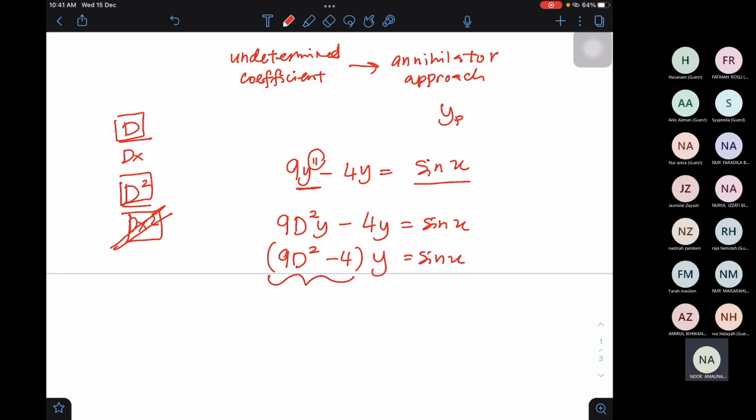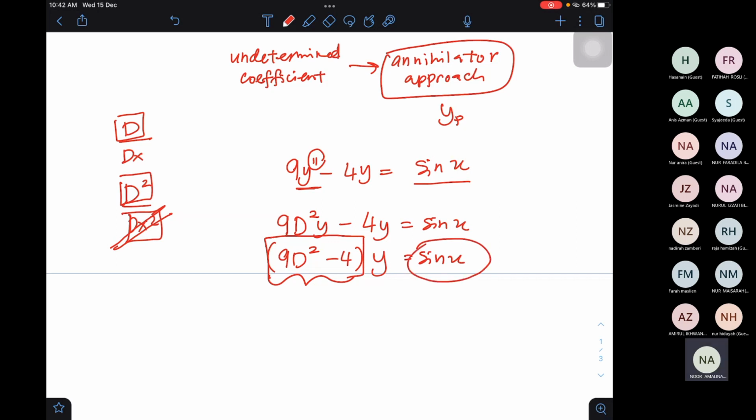This one is the differential operator for the homogeneous side. Okay, so now what we want to do is we want to use the annihilator approach for this part gx.